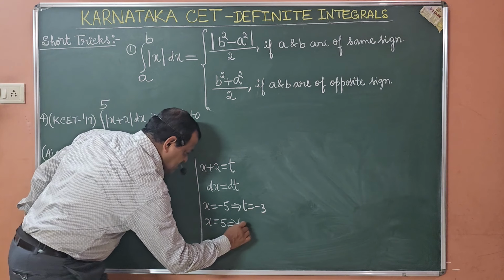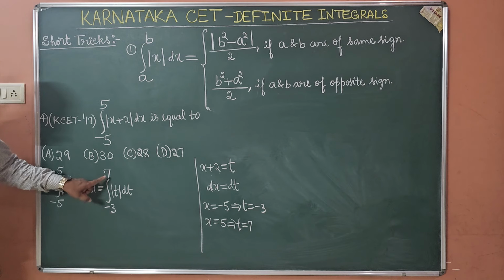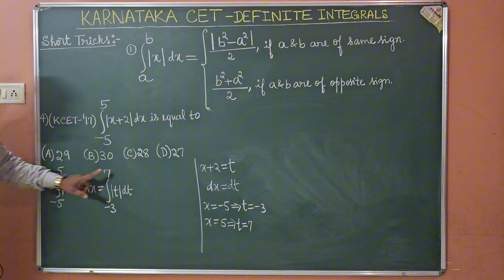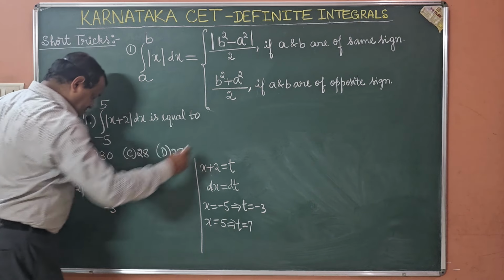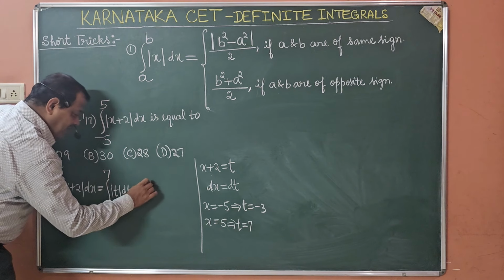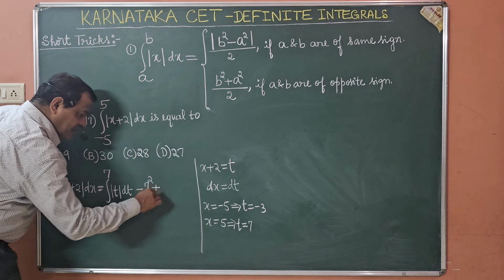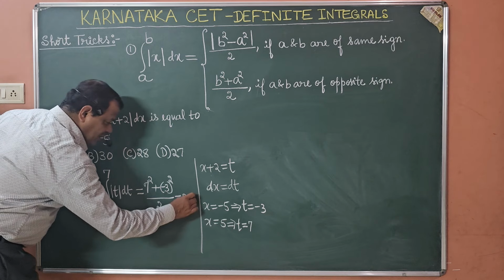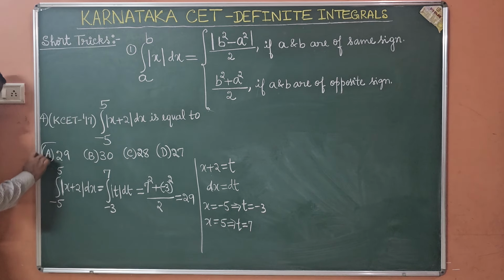So once again you can observe lower limit is negative, upper limit is positive. Therefore it comes under this case. Therefore answer is upper limit square 7 square plus lower limit square minus 3 square divided by 2. So 49 plus 9, 58 divided by 2. So 29. So option A is correct.